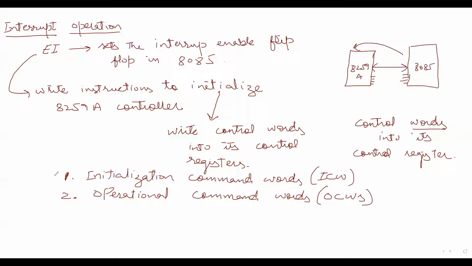These ICWs, these commands, are used to set up the proper conditions and specify RST vector addresses. So these words have two functionalities. The first functionality is that they are used to set up proper conditions.